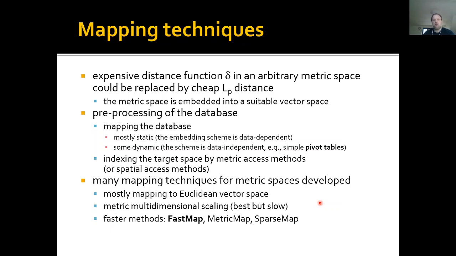We could also only map the space in the distance domain. We could only change the function delta and keep the descriptors. So we can take a hard metric space and turn it into an easier metric space, for example, by replacing the delta function with its cheaper lower bound function.